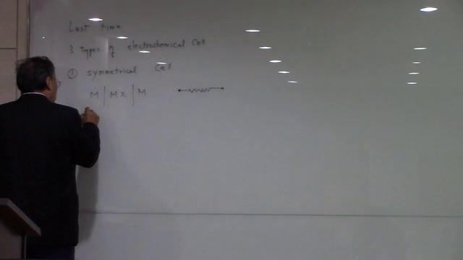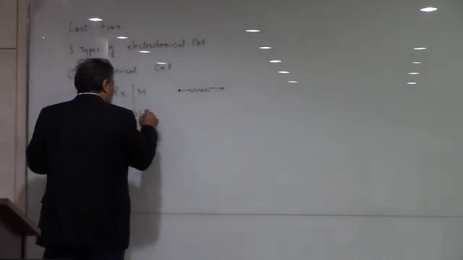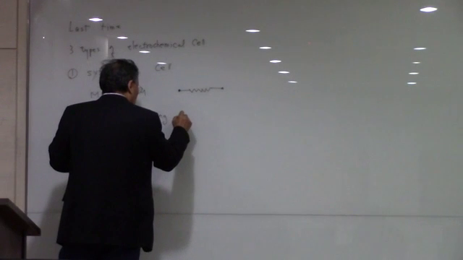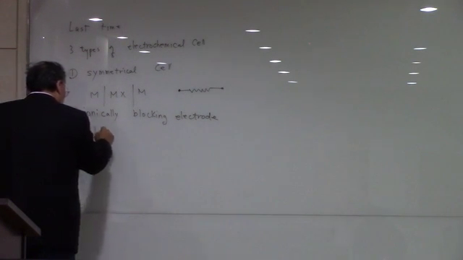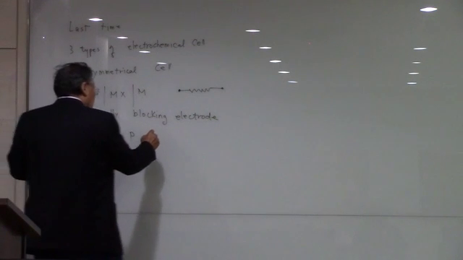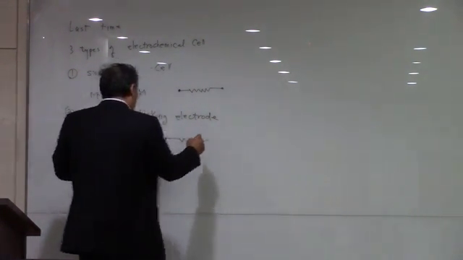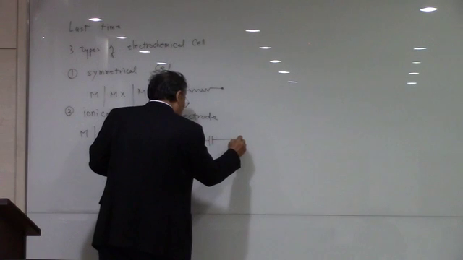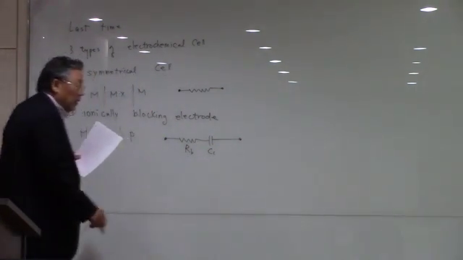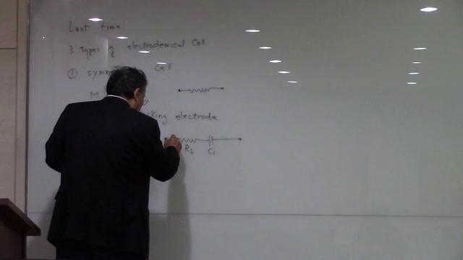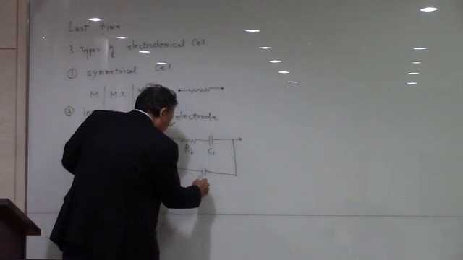And the second one is the ionically blocking electrode, and that is M, MX, and P, and the corresponding electrical circuit is going to be the bulk resistance and double layer capacitance and the geometric capacitance, CG here.